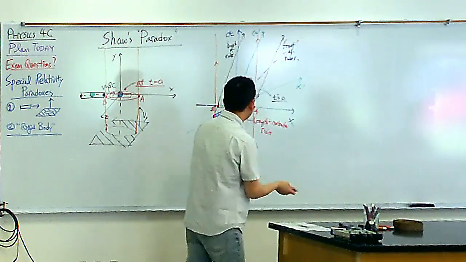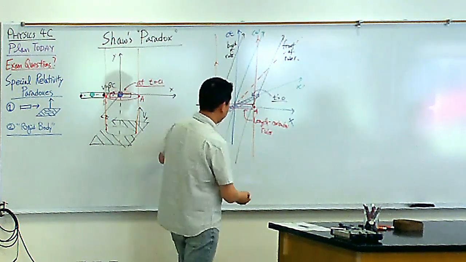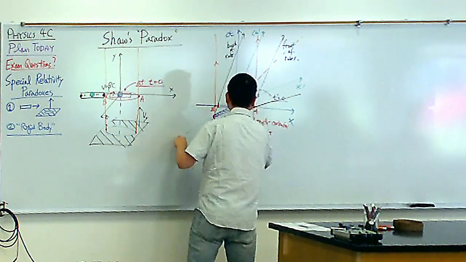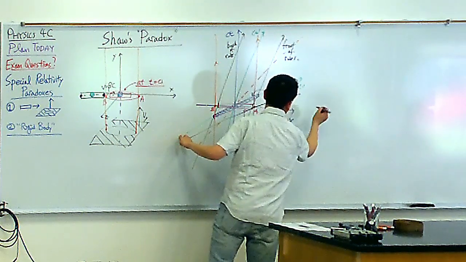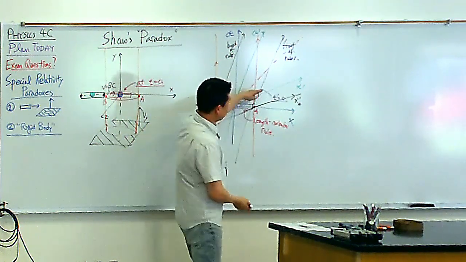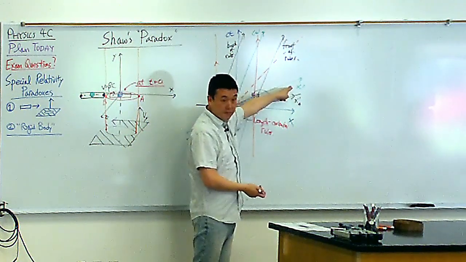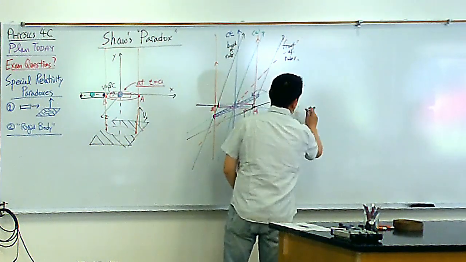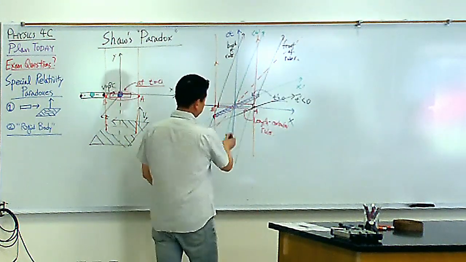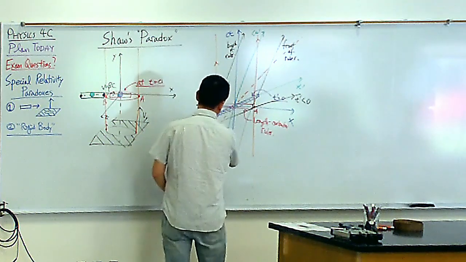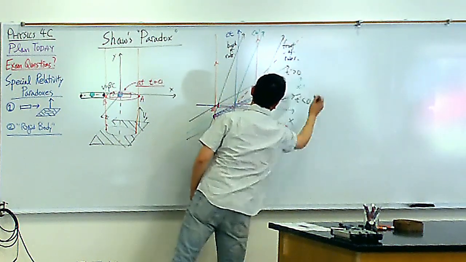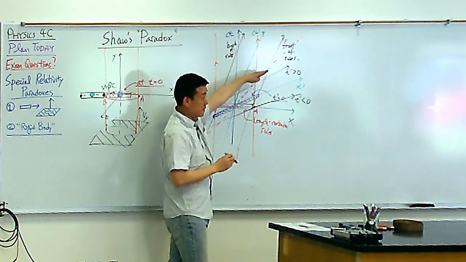Let me draw this line of simultaneity to help you visualize it. This is the line of simultaneity for A. So this is x prime for A or whatever. This lies below my x prime axis, which means this represents t prime less than 0. And this line of simultaneity that goes through this represents t prime greater than 0 because it's above the x prime axis.